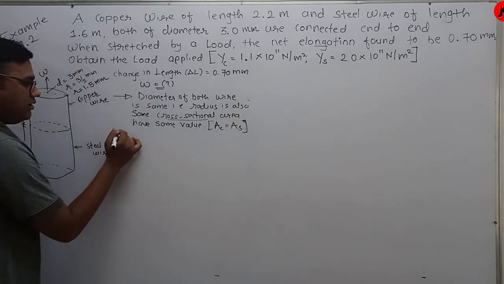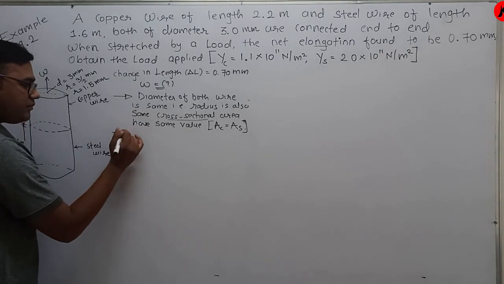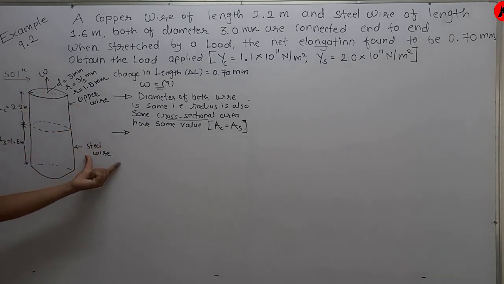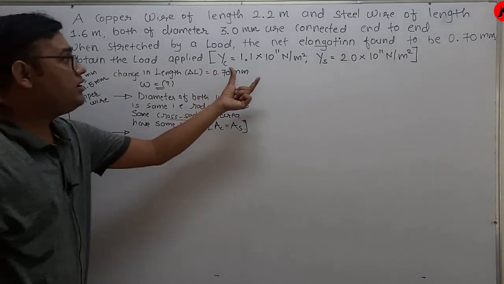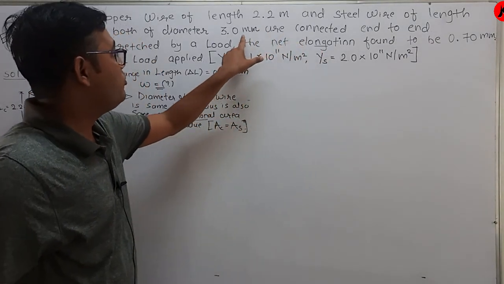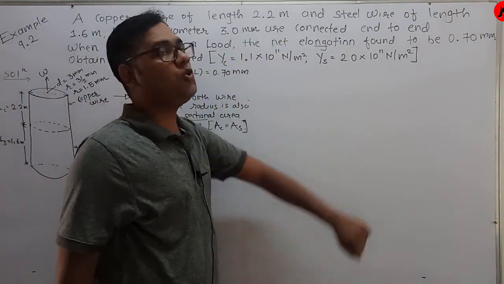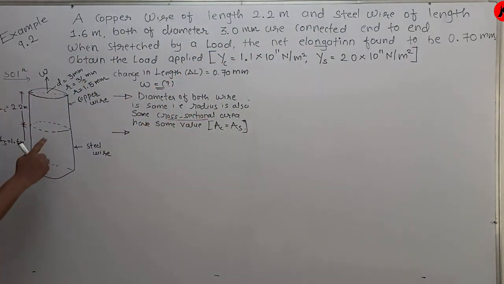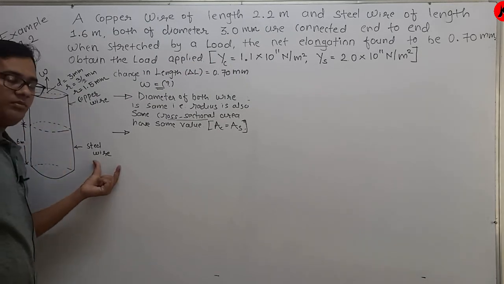And one more thing, here the load W is applied along the axial length of both the wires, copper wire as well as steel wire, because it is given that both the wires are connected end to end, right? Both the wires are connected end to end. That means the load applied to the copper wire as well as the steel wire has the same value.